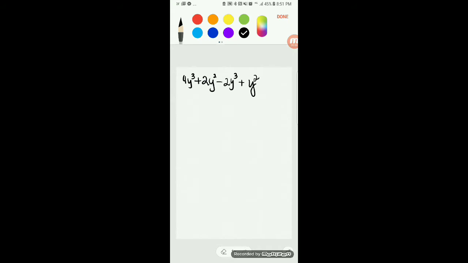Okay? Let's examine this expression now. Does it have like terms? Now remember, like terms mean same variable and same index. So look at the way I circled this. How many like terms do we have in this expression?